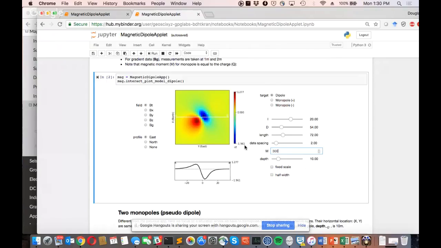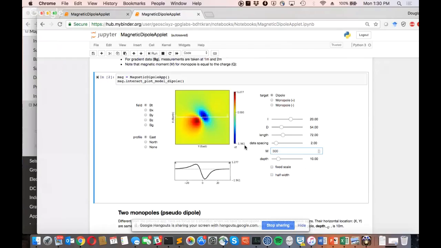Anybody? If you're sitting on the axis, you get an expression for the magnetic field strength that is m over r cubed.